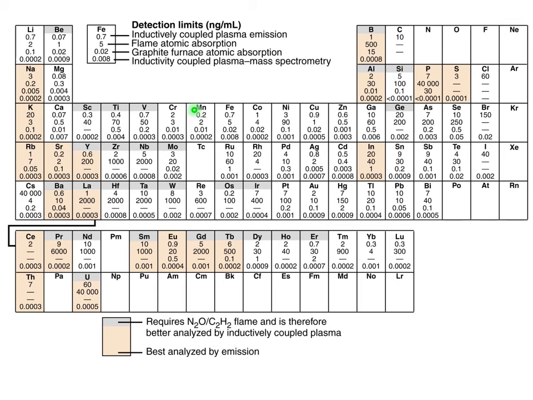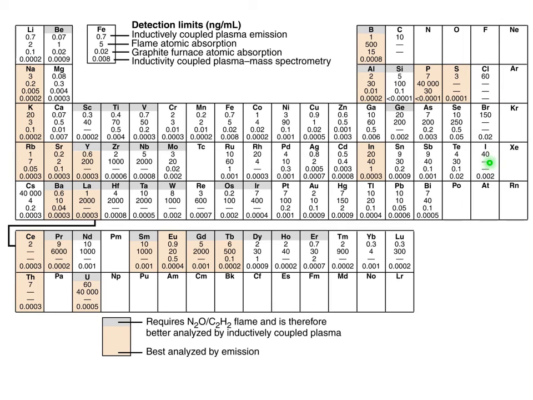So what elements can be done with atomic spectroscopy? Practically everything. Well, you cannot do noble gases. You cannot do non-metals. Detection limits for carbon, nitrogen, oxygen, fluorine, chlorine, sulfur are very poor.